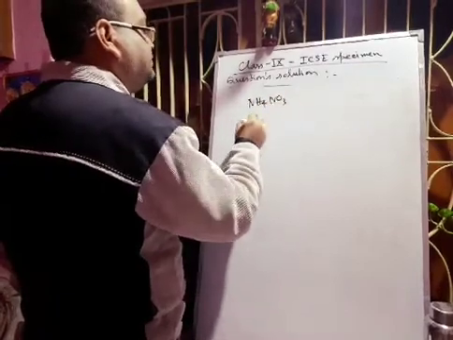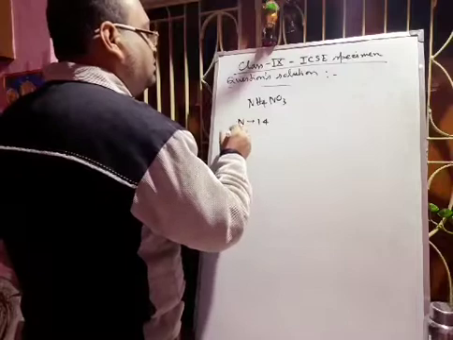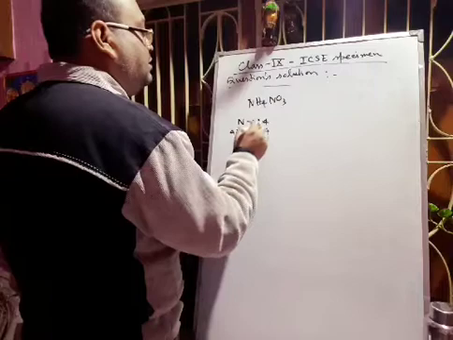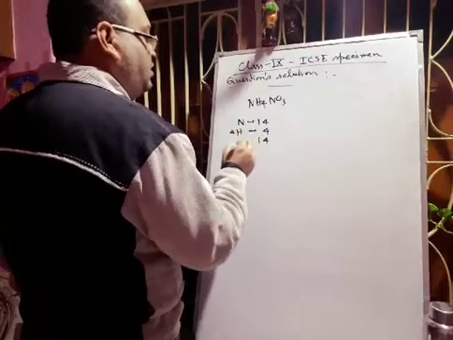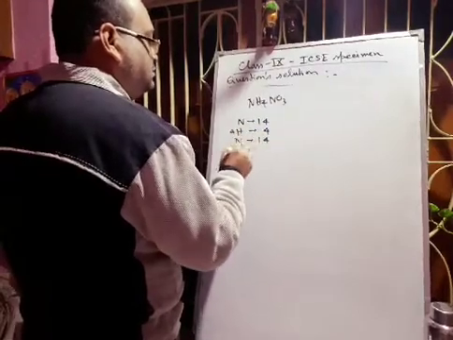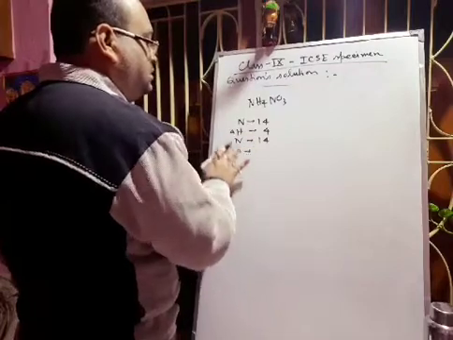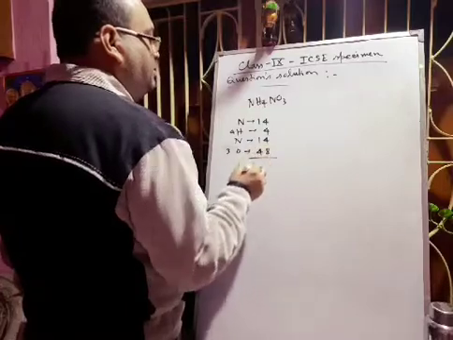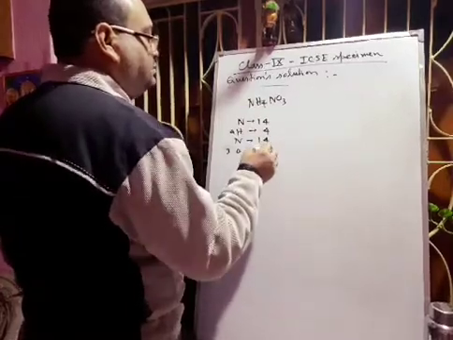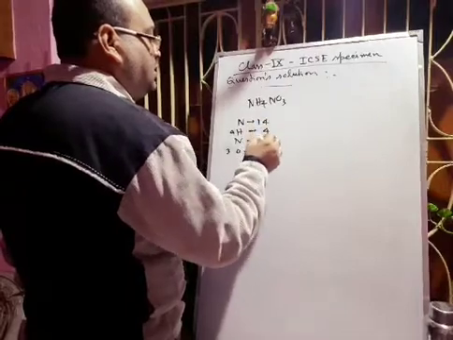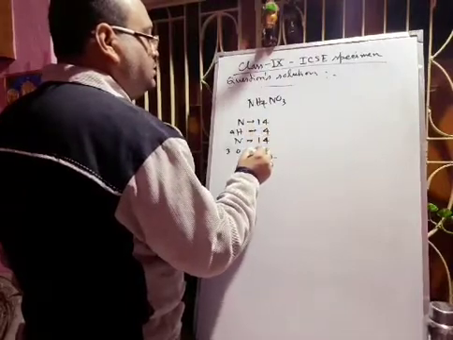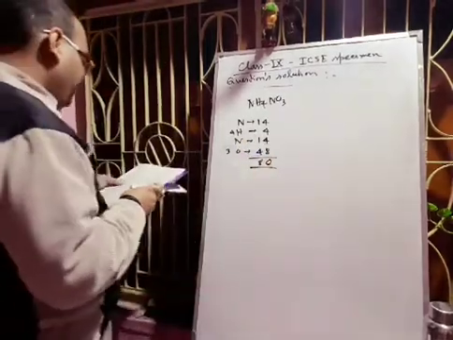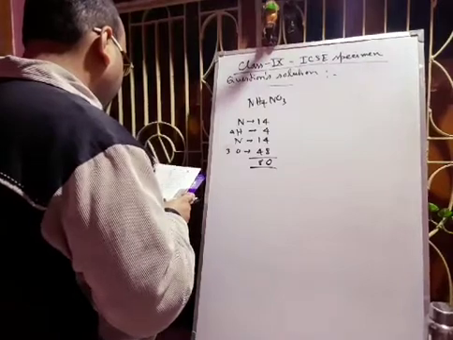Nitrogen is 14, hydrogen is 4, again one nitrogen is there, so 2 nitrogen, another nitrogen 14 is there, and 3 oxygen is there, 48. If you add, you are getting 80.